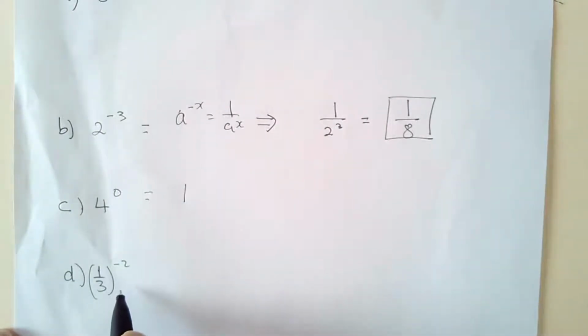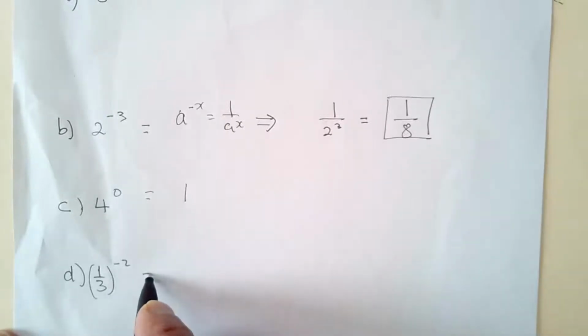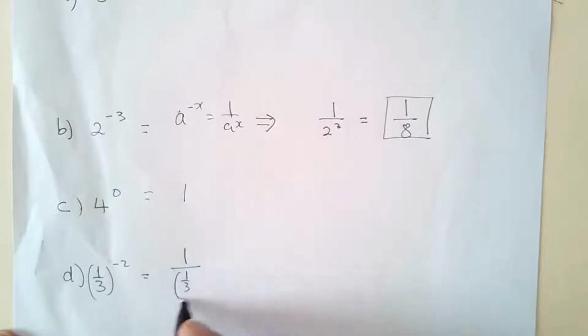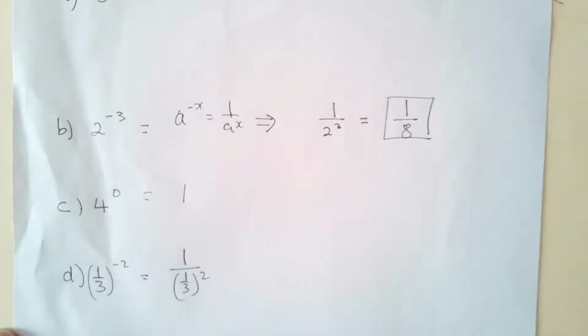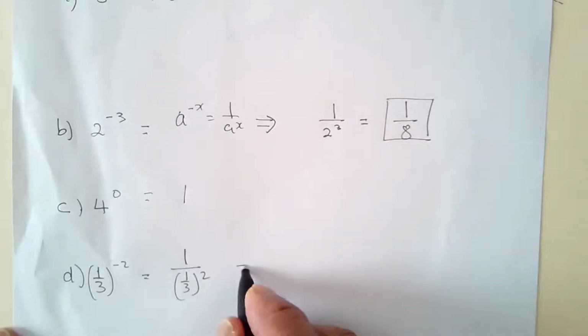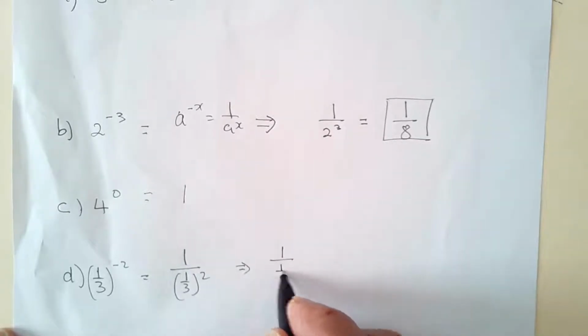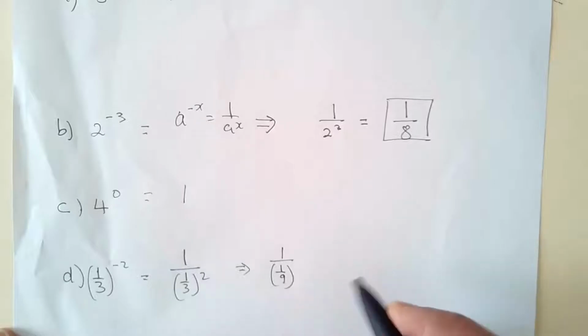This is also the negative exponent rule. So this is 1 over 1/3 to the power 2, which is the same as 1 over 1/9.